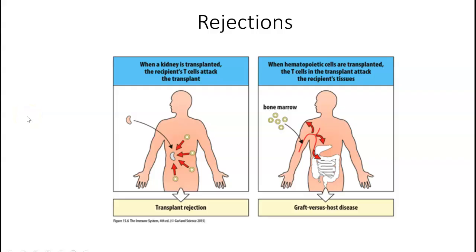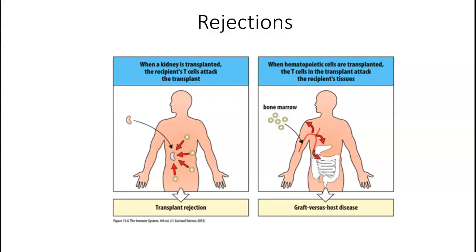Now, rejections can happen at any time. They can be acute, where it happens immediately, or it could be something that happens years later. There's a couple of different types of rejections. The first that we typically think of is when the recipient's T cells see those antigens on the tissue as being foreign, and they start to mount an attack.